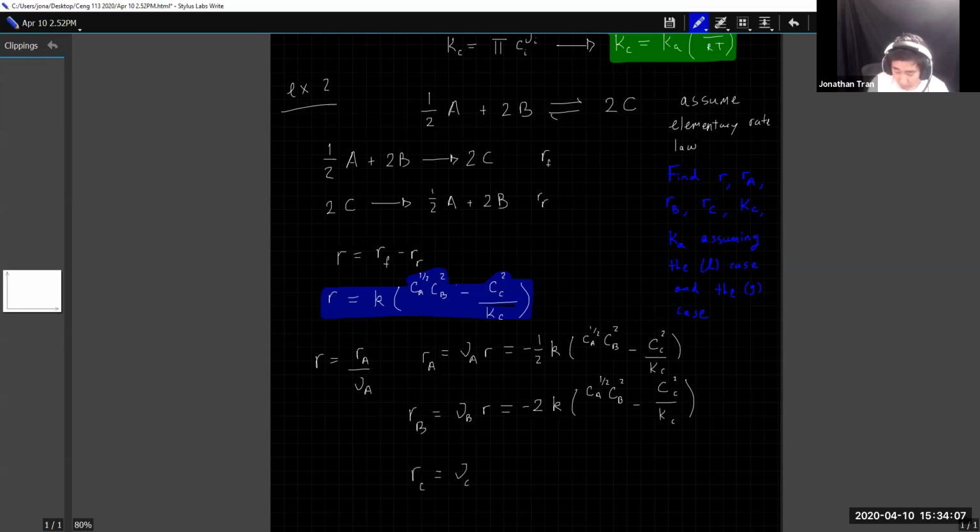Because this is now on the product side, we have a positive stoichiometric coefficient. So it's going to be 2k, lowercase k, times Ca to the 1/2, Cb squared minus Cc squared over Kc.